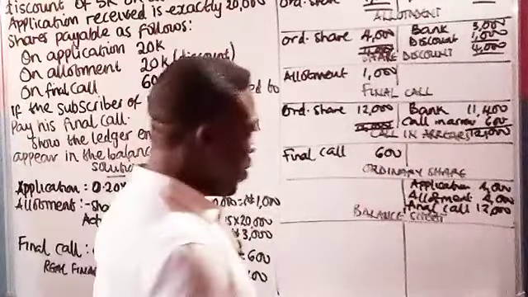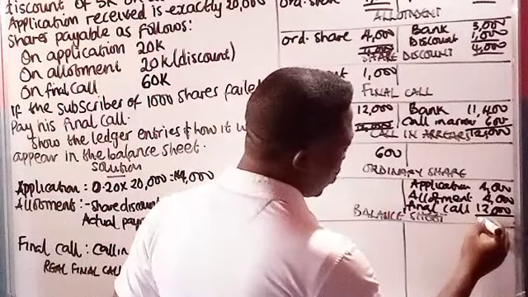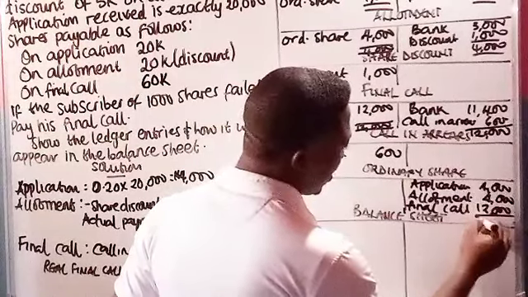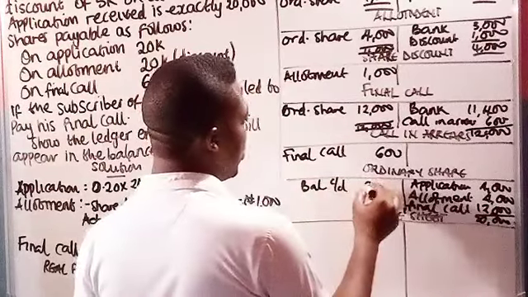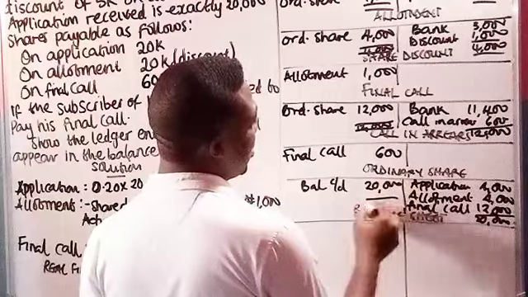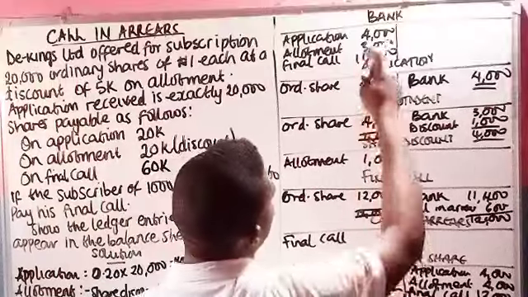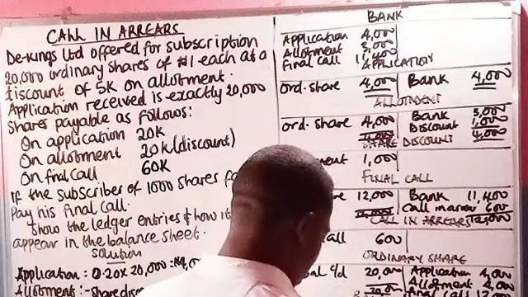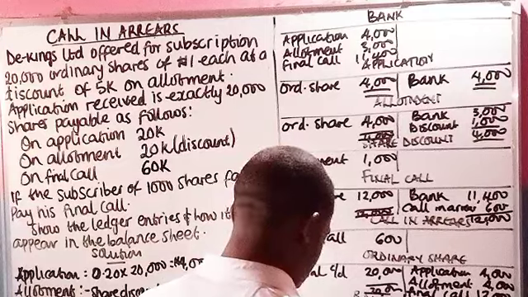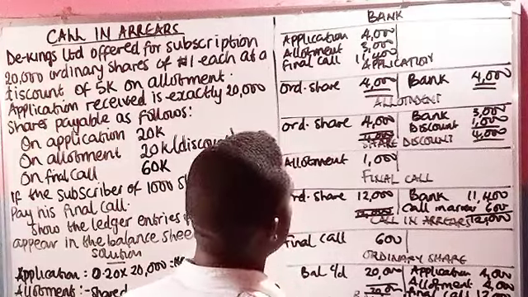Okay, so from this now, our allotment here, 4 plus 4 plus 12 will give us 20,000. So our balance carried down will be 20,000. While our bank, 4,000 plus 3,000 is 7,000, plus 11,400 is 18,400.